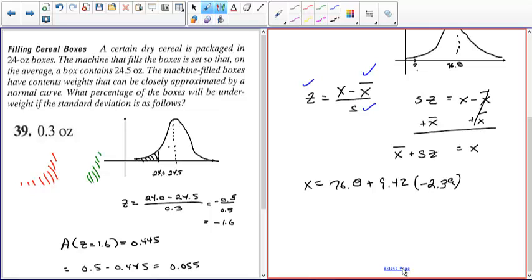So instead of being given the mean, the standard deviation, and the data point to calculate z, in this case they give you z, and you go the other direction. So you get 76.8 plus 9.42 times negative 2.39, and you get x is equal to 54.29.